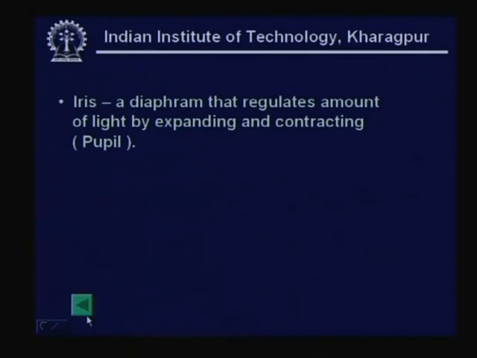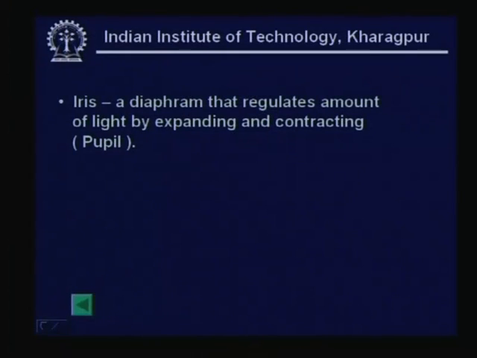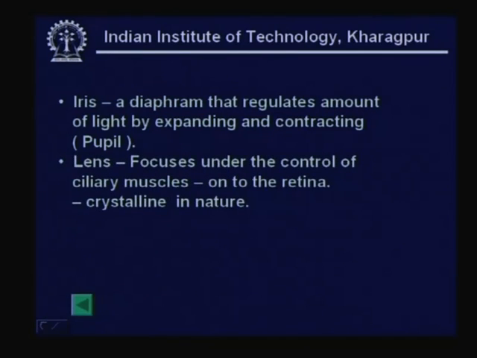Now, what is the iris? The iris is a diaphragm that regulates the light entering the eye, and it does so by expanding and contracting the pupil. We have seen the pupil is supported by a set of muscles and it is able to do that. So, the iris is the most important component which enables light to be brought into the human eye.